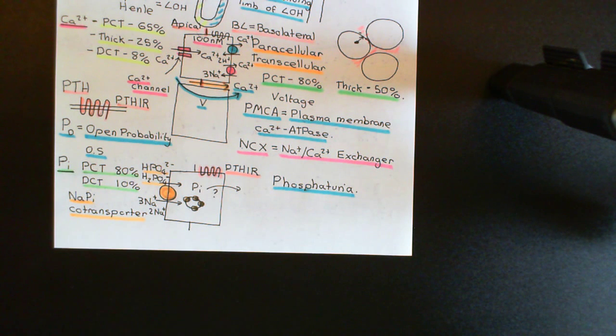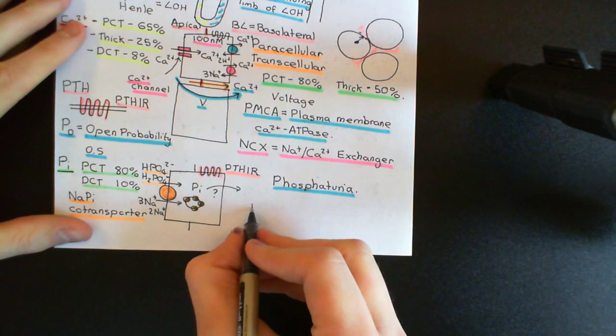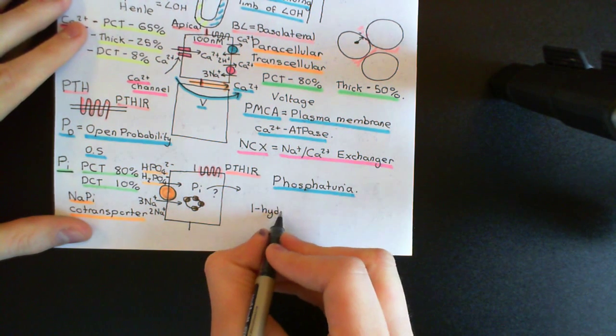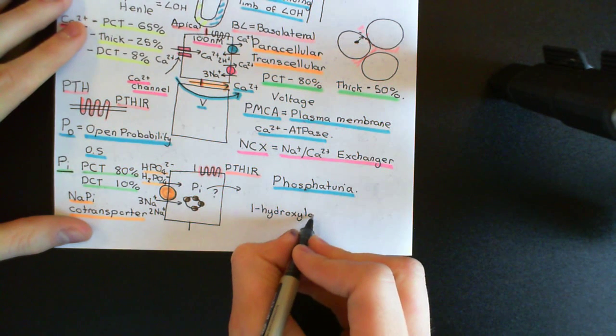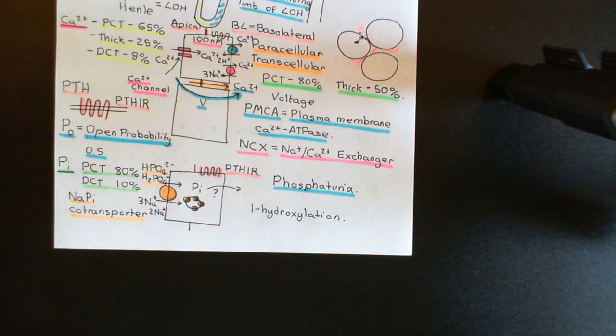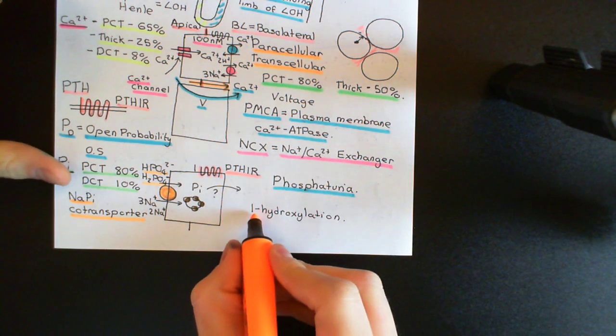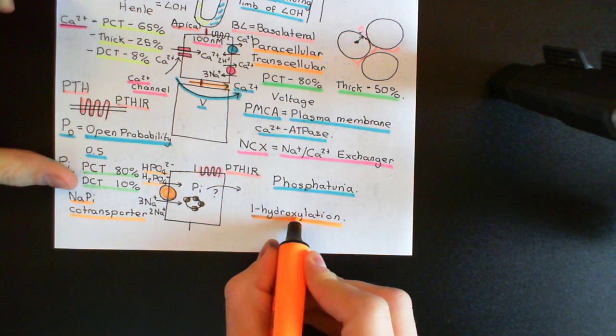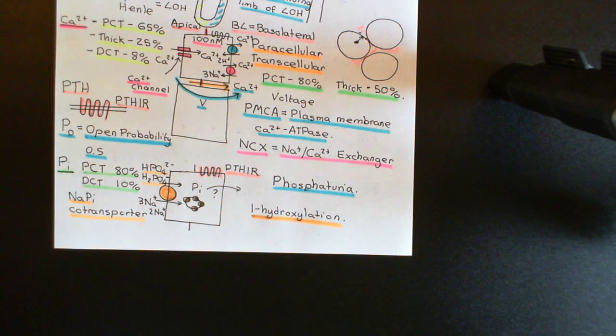Parathyroid hormone is going to activate proximal convoluted tubule renal tubule cells to perform the final step in the activation of vitamin D, which is known as the 1-hydroxylation of vitamin D, to turn it into the active form of vitamin D, which is called 1,25-dihydroxyvitamin D. Okay, so parathyroid hormone is going to cause the kidneys to make the active form of vitamin D, to perform the final step in the reaction that makes the active form of vitamin D.